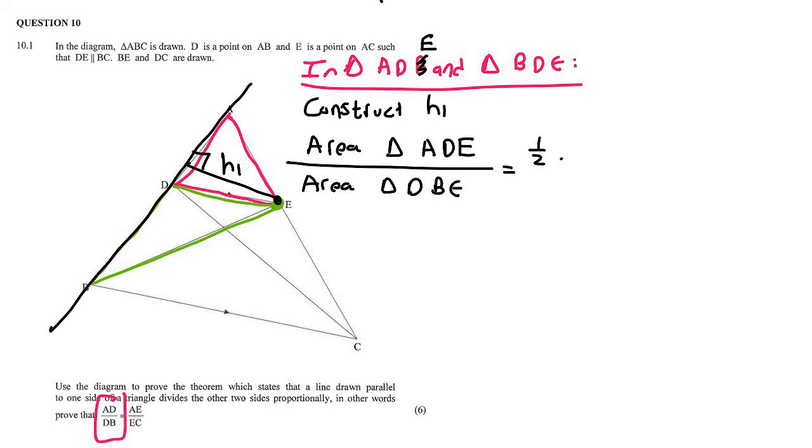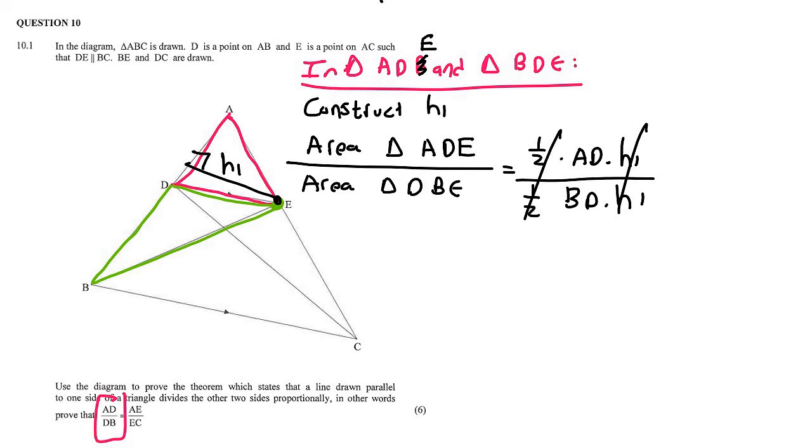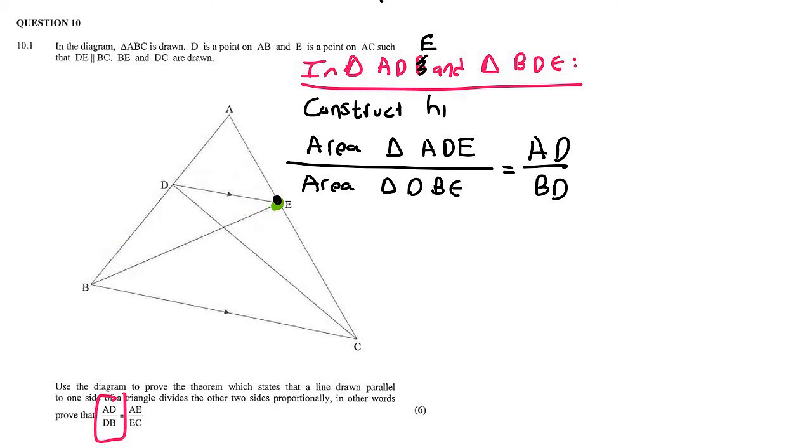Now the base, let me show you guys, the base of the pink triangle is going to be AD, and its common height, we're going to call it H1. Then for the green triangle, it's a half BD, and it's also H1. So the H1s cancel, the halves cancel, and so we are left with AD over BD. Alright, there we go. So we're done with those triangles now, so now I'm going to take all these away.